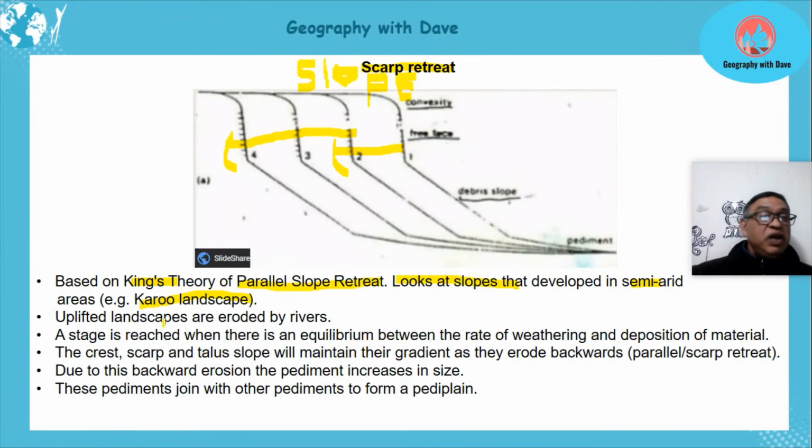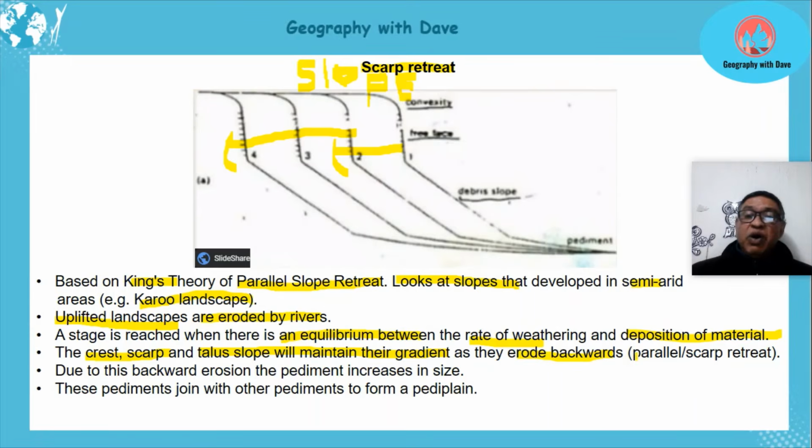Okay, so he said uplifted landscapes, again, there's uplift, are eroded by rivers. Okay, and then we find that there's a stage reached where there's an equilibrium between the rate of weathering and deposition of material. Now we find that the crest, scarp, and talus will maintain its gradient as it erodes backwards due to this.